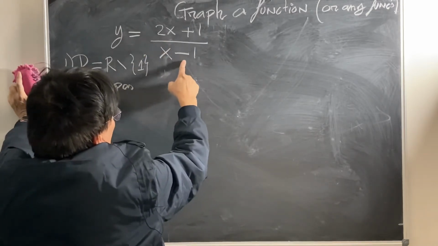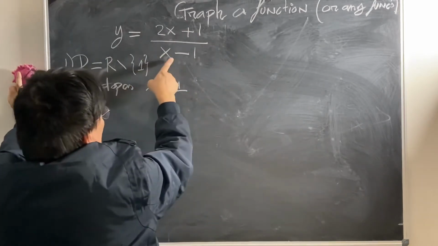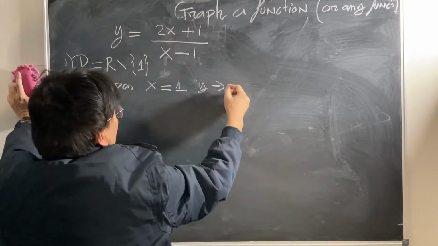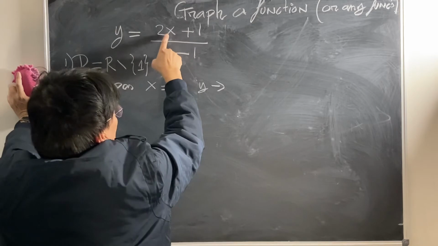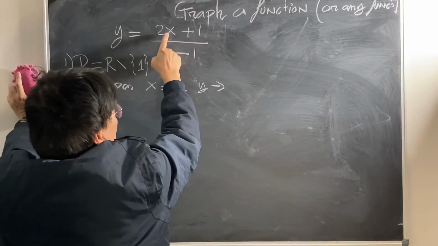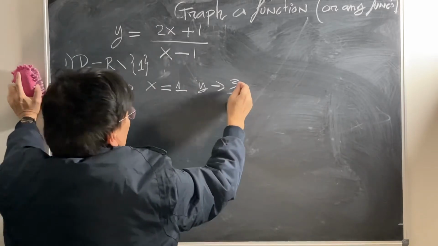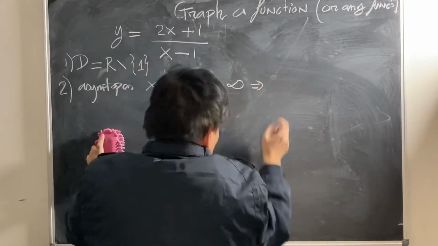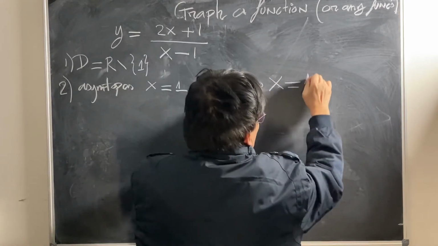Since when x equals 1 this function is undefined, we substitute x equals 1: the numerator is 2 times 1 plus 1 equals 3, and 3 divided by 0 means y goes to infinity. So x equals 1 is a vertical asymptote.